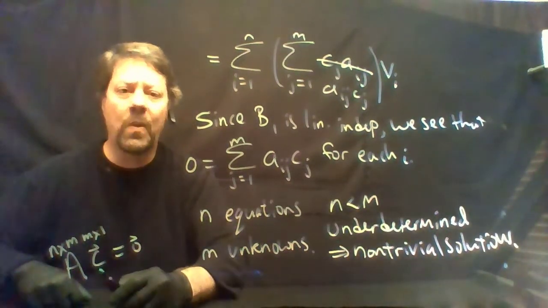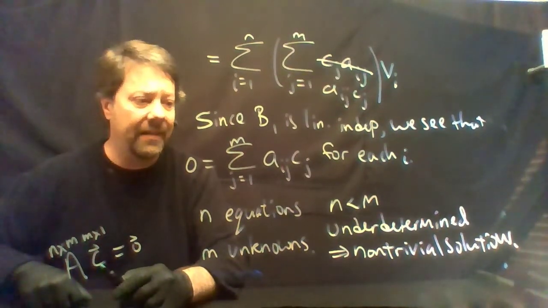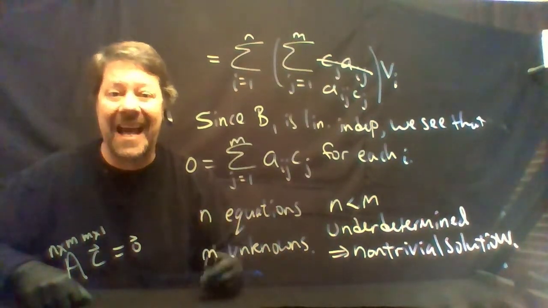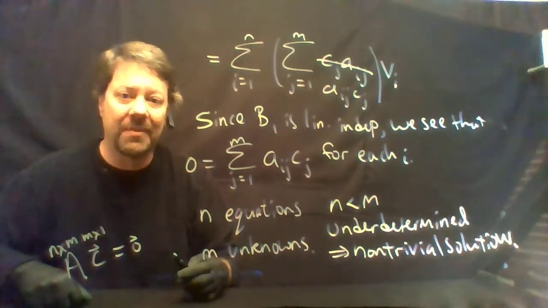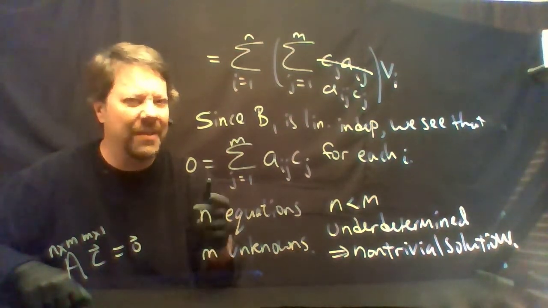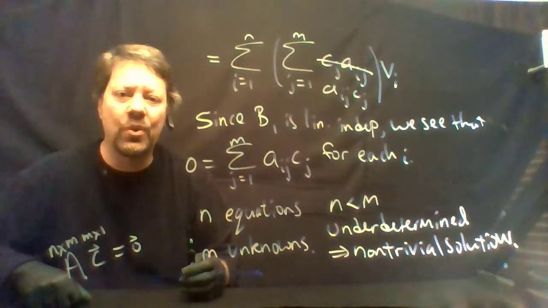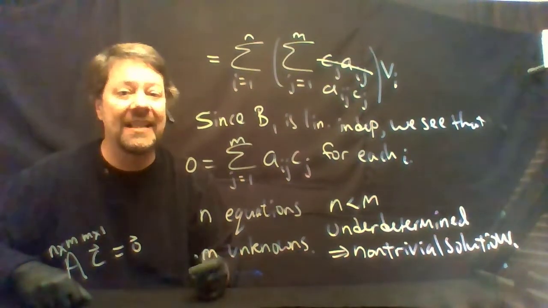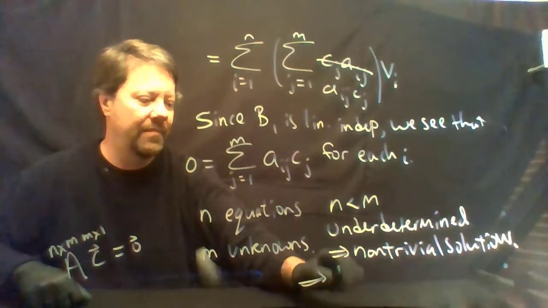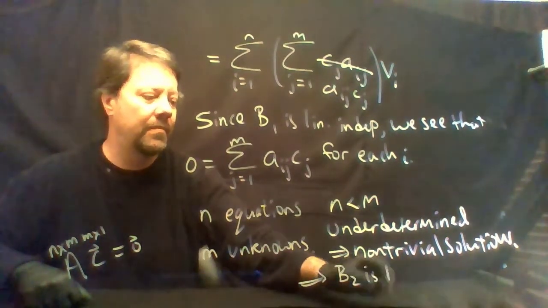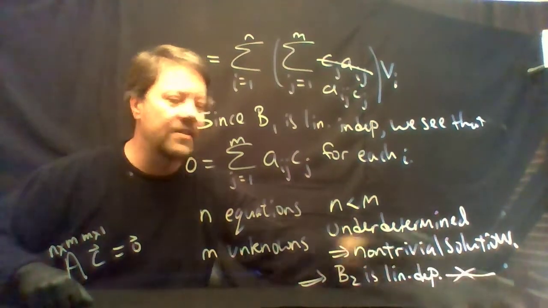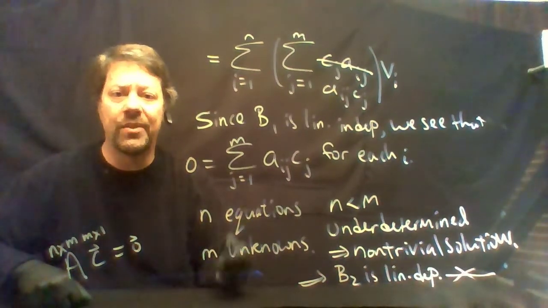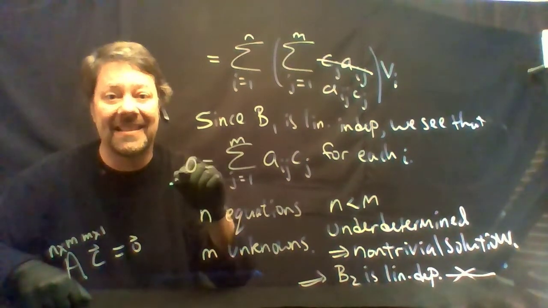Which means there are coordinates Ci or Cj that are not zero that will solve this homogeneous system of equations. But that implies that set B2 is linearly dependent, which contradicts the hypothesis that B2 is a basis.